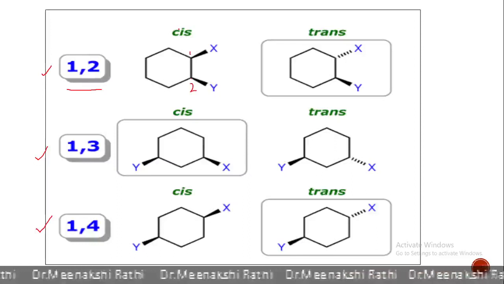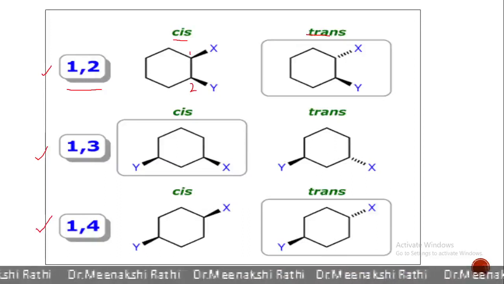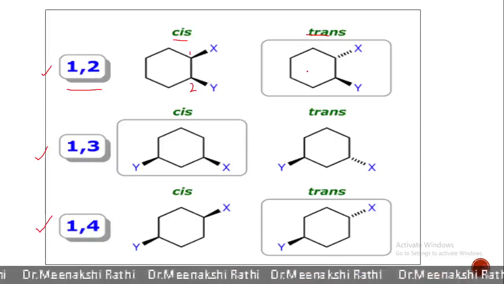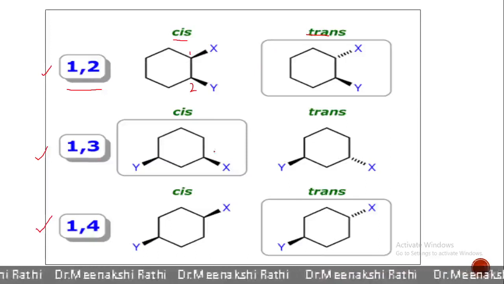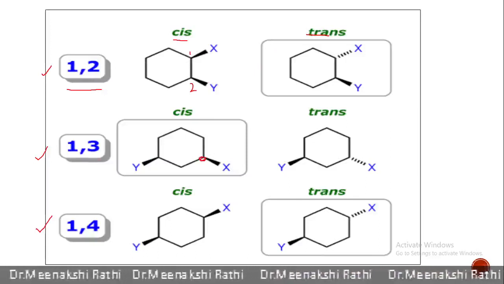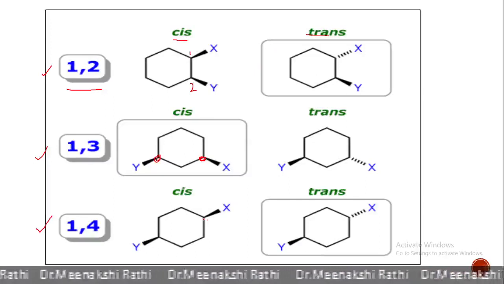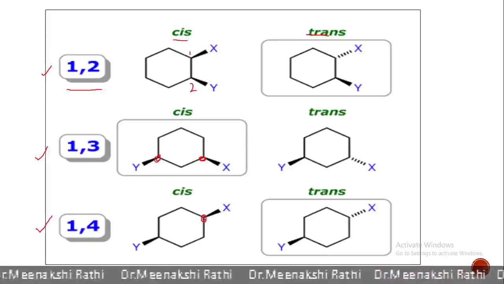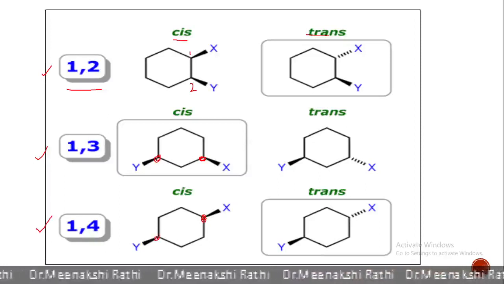It is available in two forms, that is cis and trans. The geometrical isomerism in detail we will discuss later. While 1,3 means two substituents are present at the first and third positions, and 1,4 means substituents are present at the first carbon atom and fourth carbon atom.